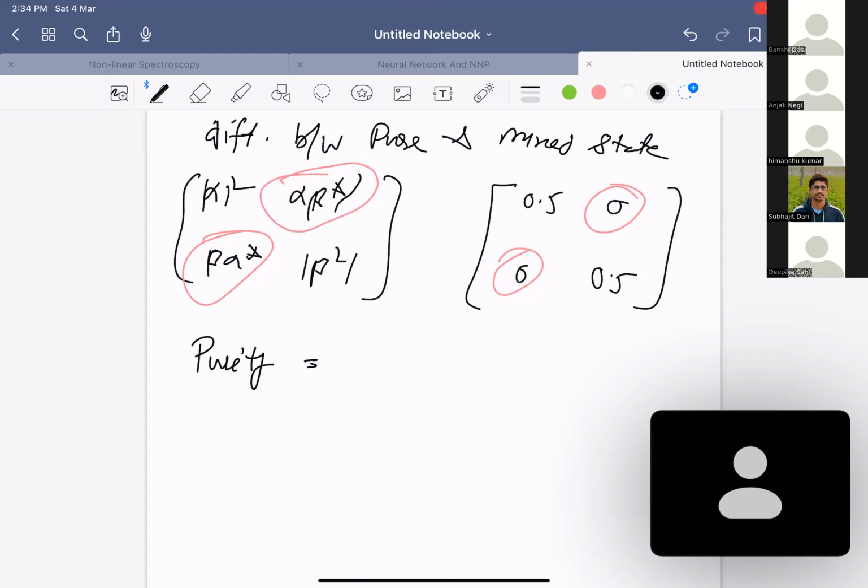That mixing we cannot call a mixed state. That mixing means there is a correlation developed due to the external electric field between ground and excited state. That's why this off diagonal term appears. So due to this external electric field, we can say that this is another pure state in the presence of the external electric field. This is not the mixed state of 0 and 1.